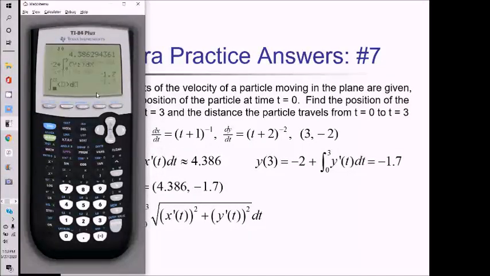So just math 9 again, 0 to 3 integral. And this time I have the square root of, and now I have to square both of those. So alpha trace y1 squared plus alpha trace y2 squared. And we'll put a dx there, just so it matches the variable we've been using all along on the calculator. Press enter, and that comes out to 1.419.